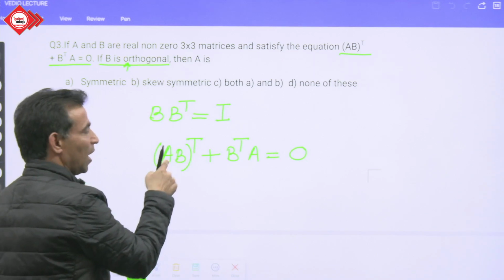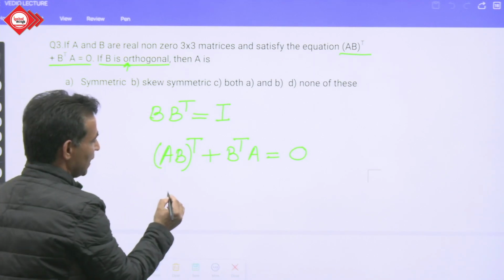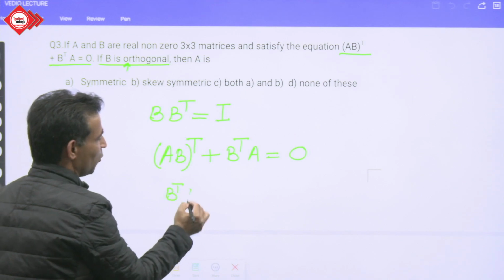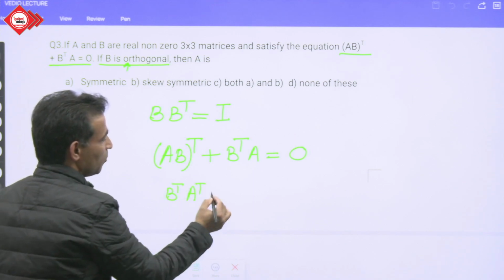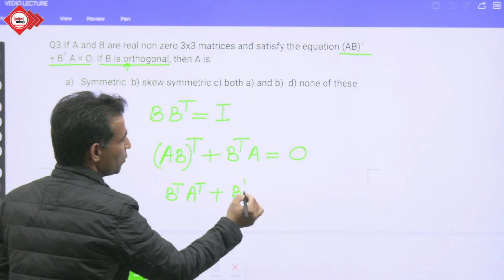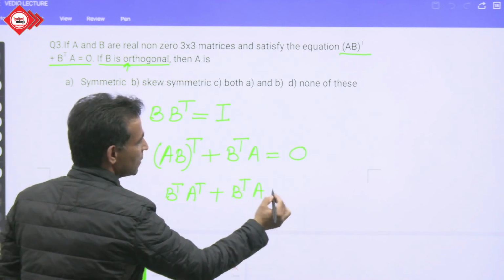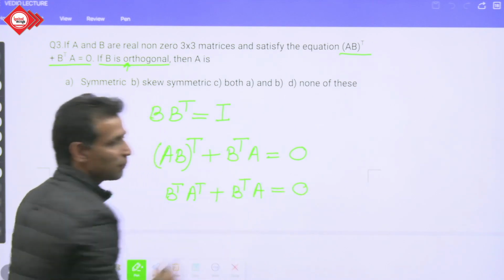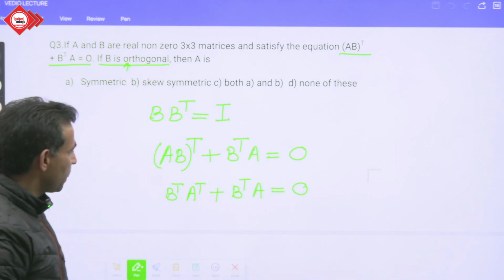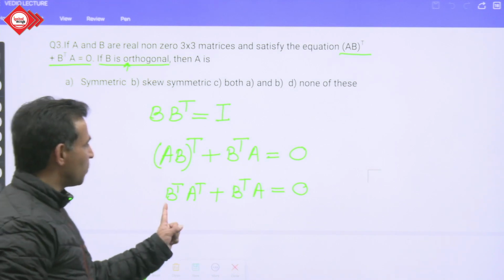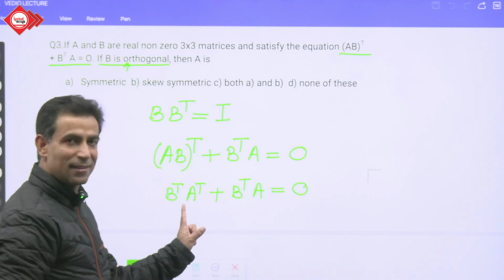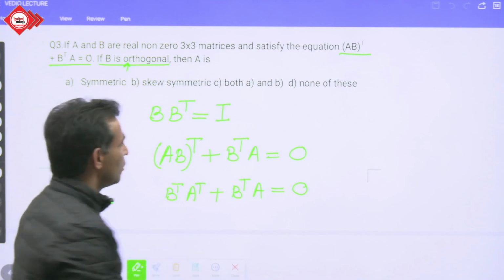Use the reversal law for transposes. You will get here B transpose A transpose plus B transpose A is equal to null matrix. Let us pre-multiply both sides by B. So what do we get here?